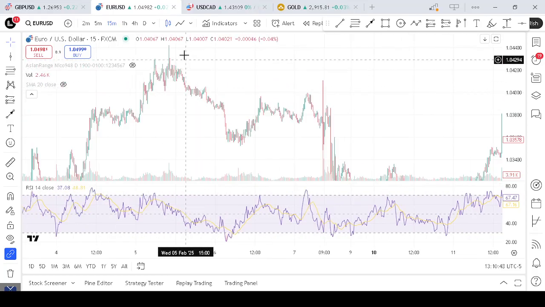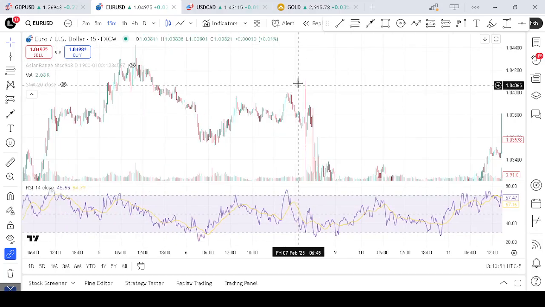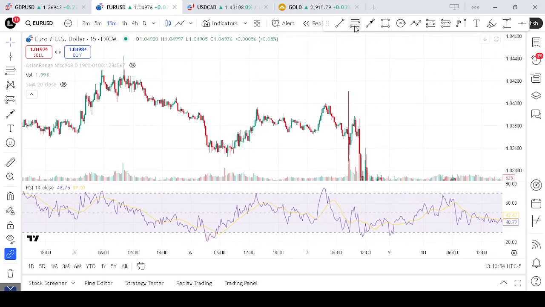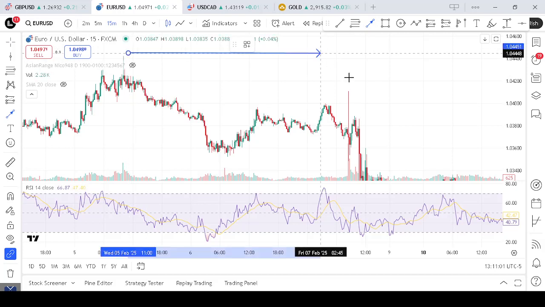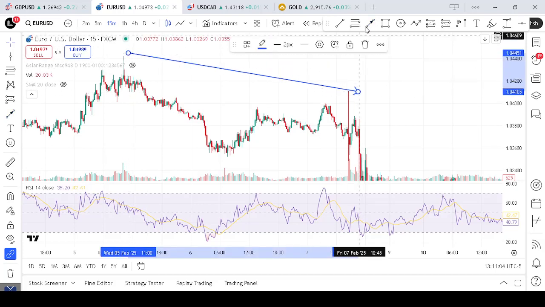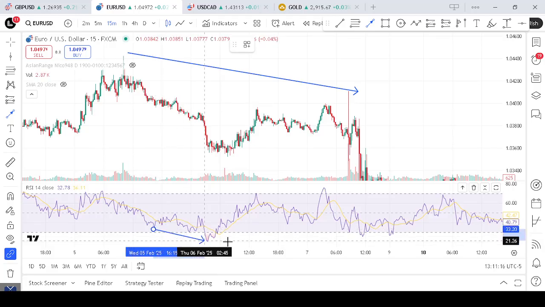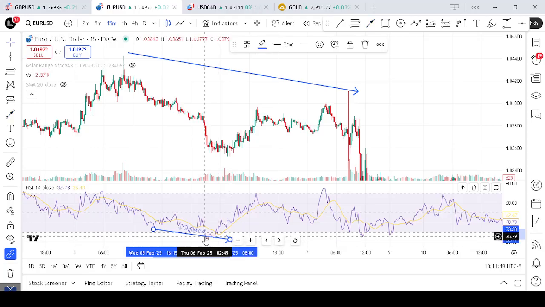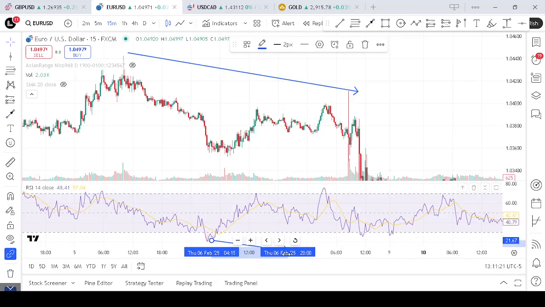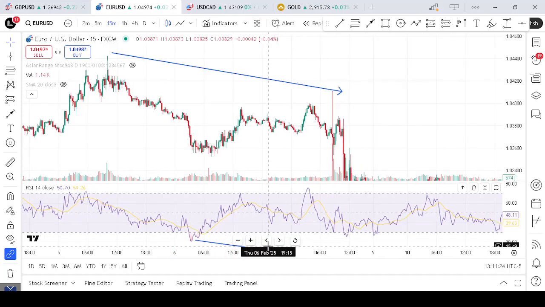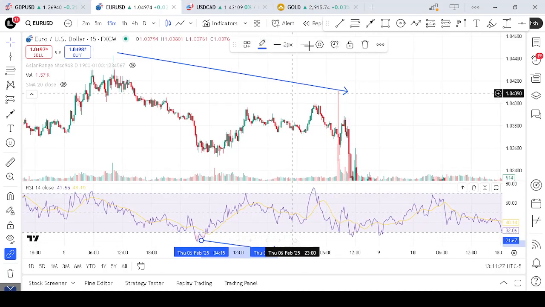From this area, we can see price creates a lower low while our indicator is creating a higher, let me get that straight.